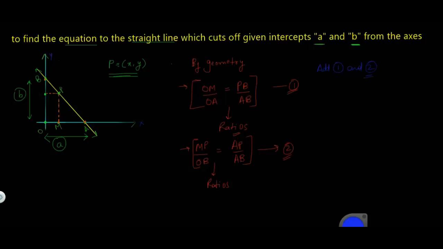After adding 1 and 2, what I get is OM divided by OA plus MP divided by OB is equal to PB upon AB plus AP divided by AB. I'm adding LHS of both the equations, and RHS of both the equations. Now I'm going to say that this is equation number 3.